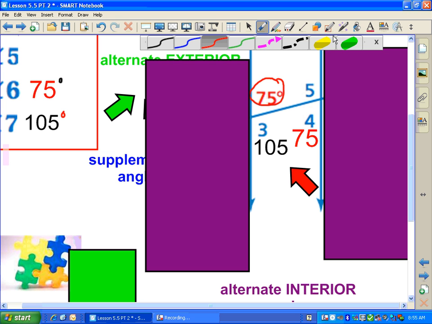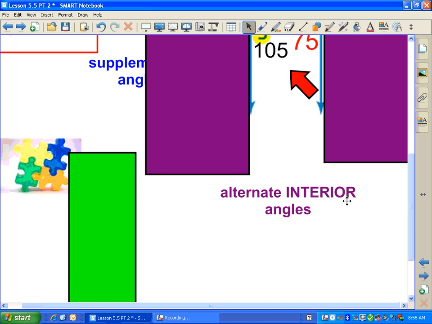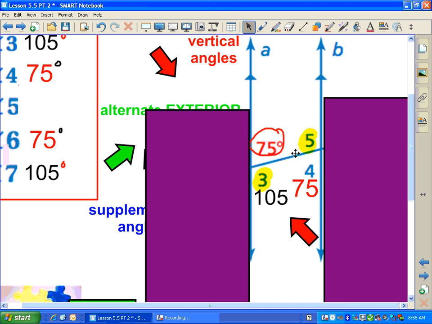They are inside the parallel lines. So I'm going to say angle 3 and angle 5 have to be congruent or equal to each other because they, by definition, are alternate interior angles. They're on opposite sides of the transversal, and they're inside my parallel lines, so we say alternate interior angles.